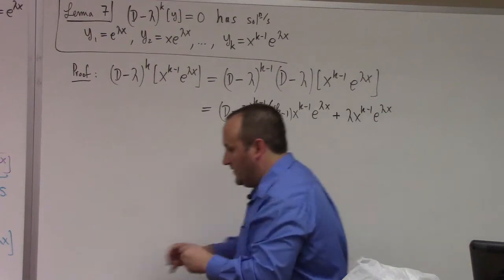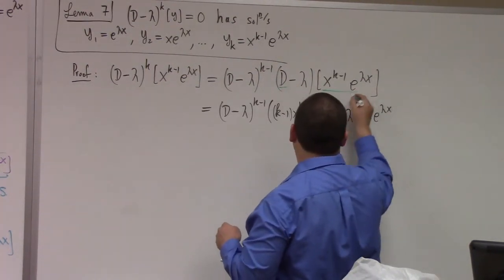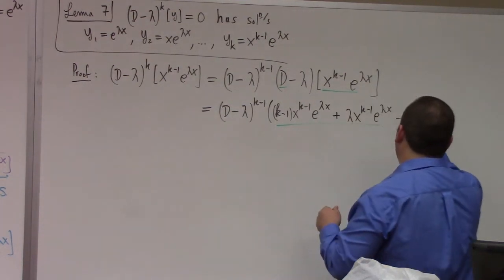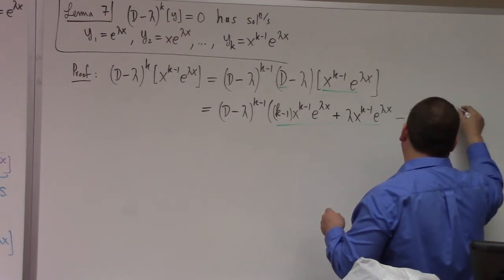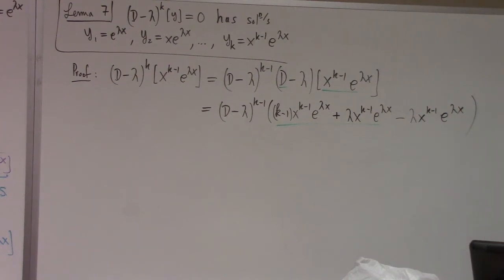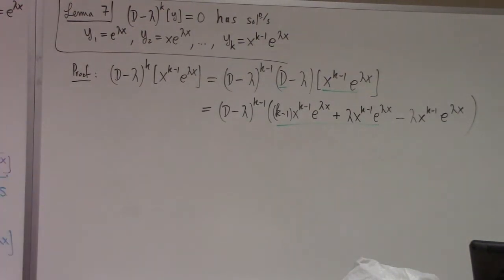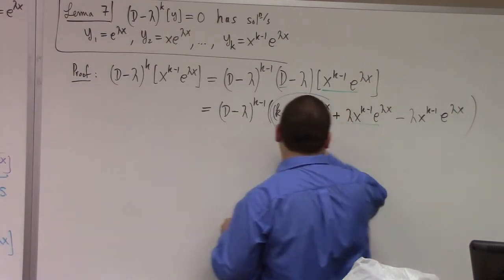That's all just from differentiating the product there. And then, of course, I have minus lambda x to the k minus 1 e to the lambda x. You notice the highest power x terms cancel again, and what are you left with? So you're just left with this piece, right?